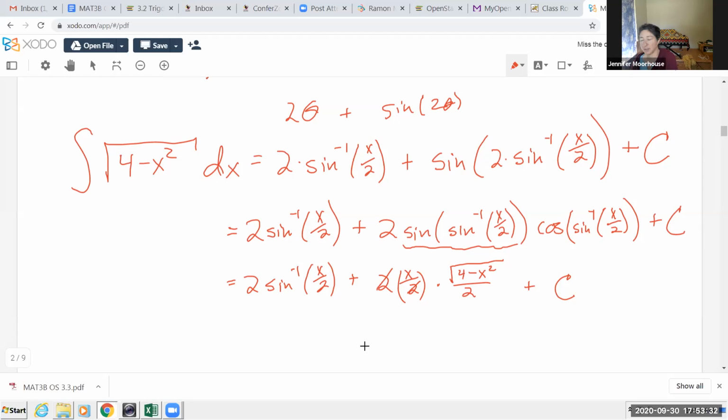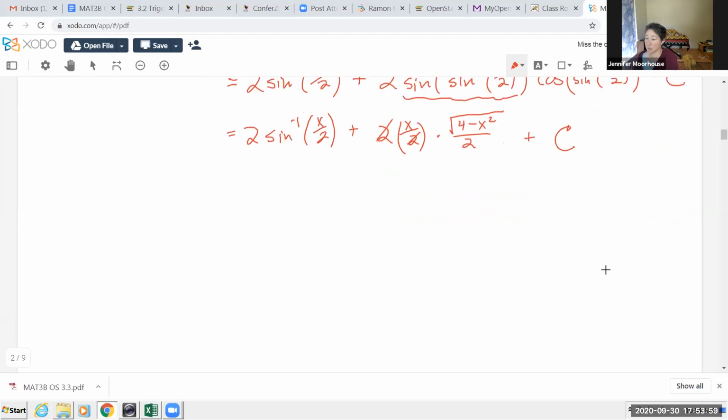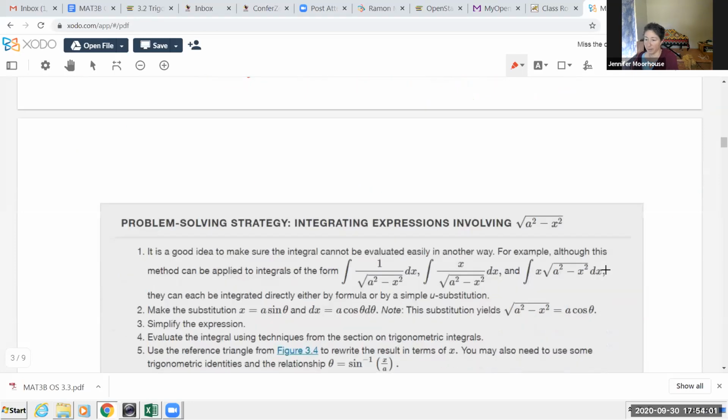You're making a substitution and you have to reverse the substitution at the end, which gives you some trig functions of inverse trig functions, which you then need to go back to your triangle and figure out. So there's just a lot going on in these integrals.